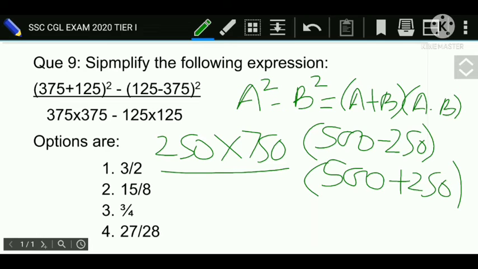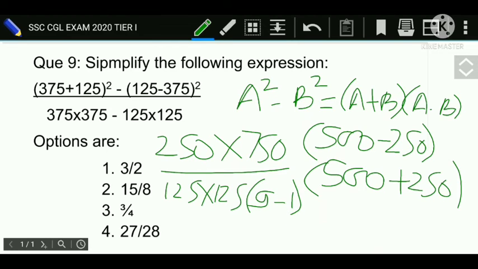375 is 3 times 125, so from here we can take out 125 as common. 125 into 125 we have taken common. So 375 into 375 means 3 into 3, 9 will be left, minus 125 into 125, 1 will be left.